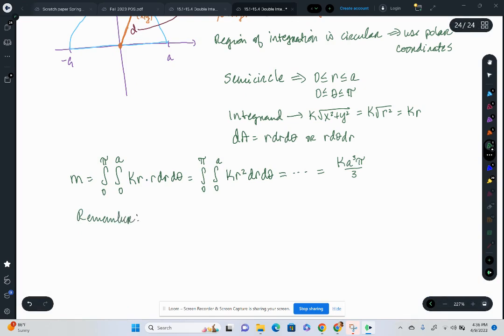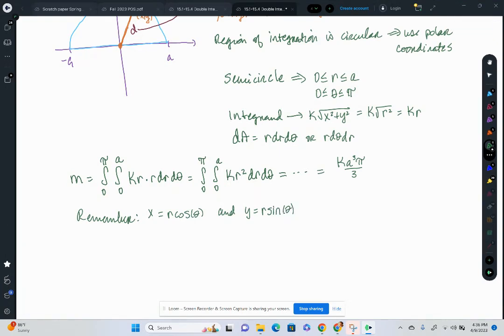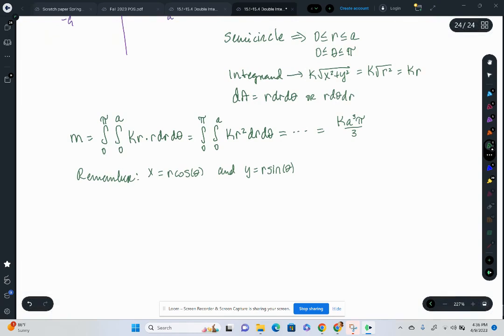Before we even do that, we have to remember x is equal to r cosine of theta, and y is equal to r sine of theta. So remember that in the moment about x, we put in a y multiplier. And so instead of that y multiplier, I now need to put in an r sine theta multiplier, right?